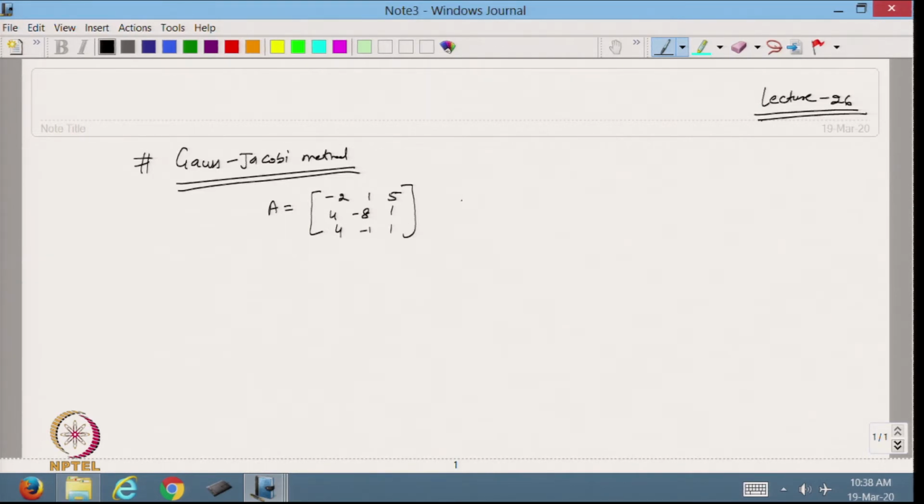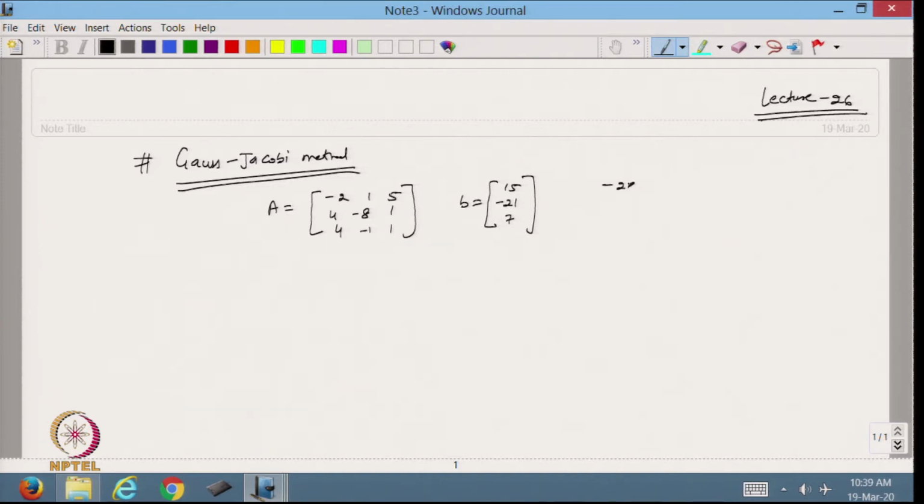So that is my A, and B I am going to take 15, -21 and 7. So this is the matrix A, and this is the right hand side. So if I take this, basically my system is this.